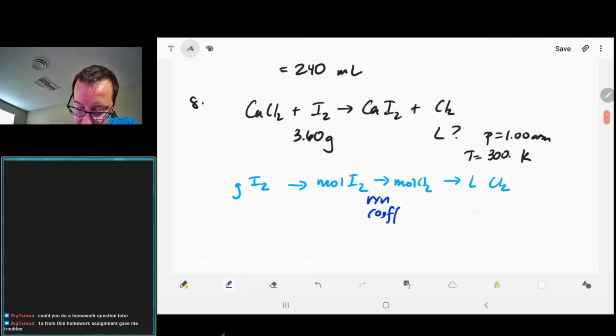In the middle are reaction coefficients. We have the molar mass of iodine here. And then it looks like we're asking for volume. So we have our ideal gas law there for that part.